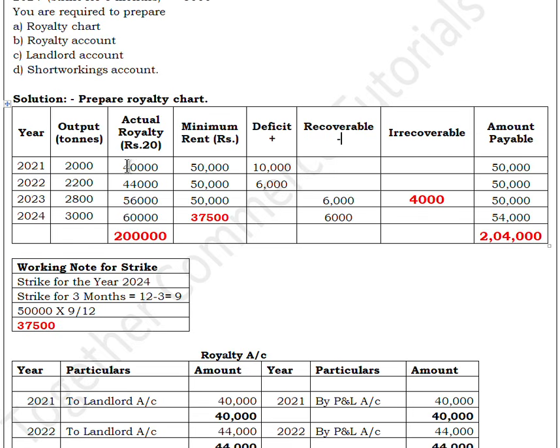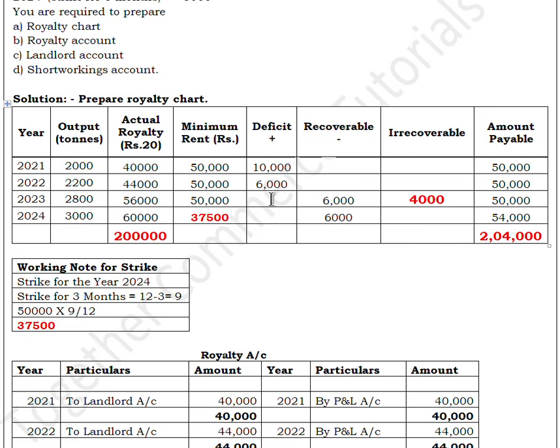Then let us see the first year, 40,000 plus 10,000. Now if the entry is in deficit, then it is plus; if it is in recoverable, then it's minus. So 40,000 plus 10,000 comes to 50,000. Then for the second year, 44,000 plus 6,000, again 50,000.